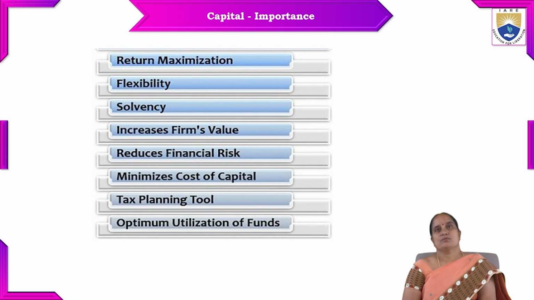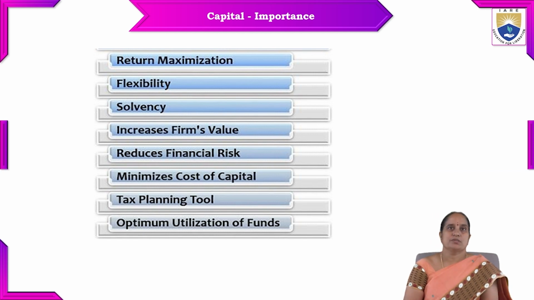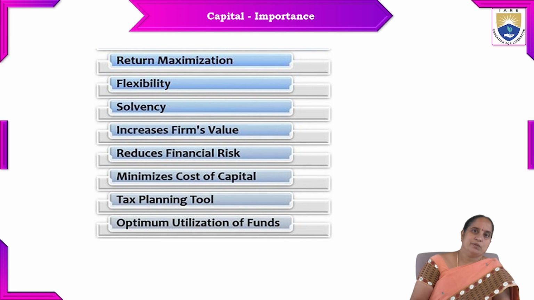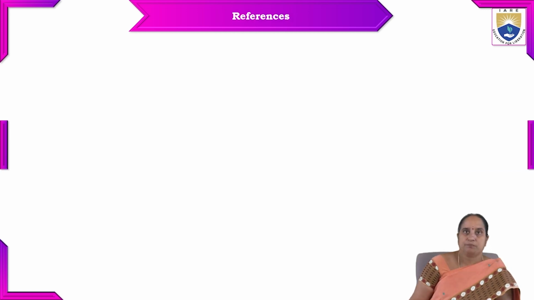Solvency is also one of the important functions, and it increases firm value. Capital reduces the financial risk by diversification into various assets. It also minimizes the cost of capital, is one of the tax planning tools, and ensures optimum utilization of funds.